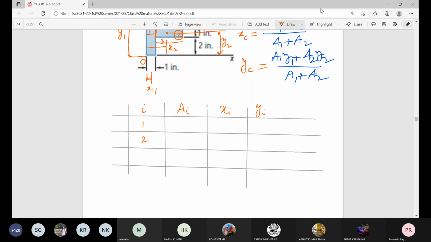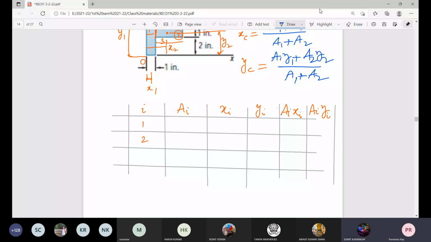And note them down in this table. Now what about A1? A1 is 8 inches square. And A2 is 3 inches square. What about X1? Half.